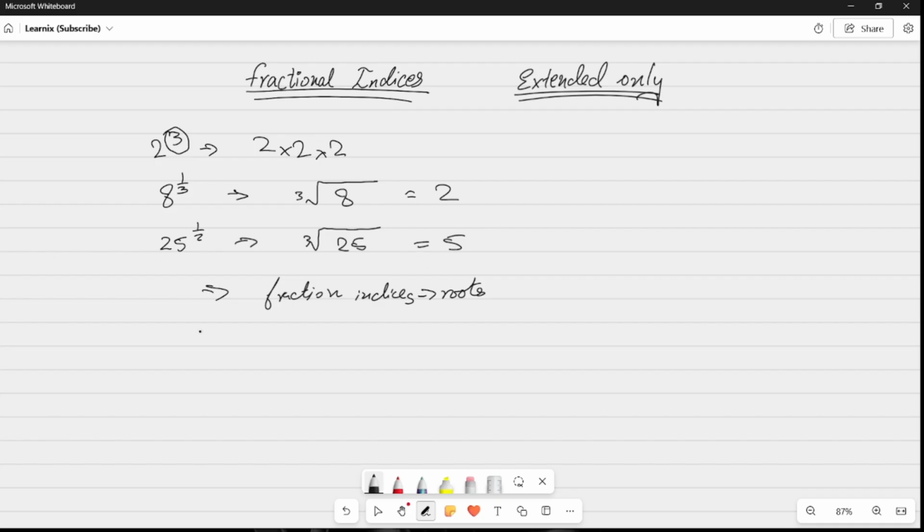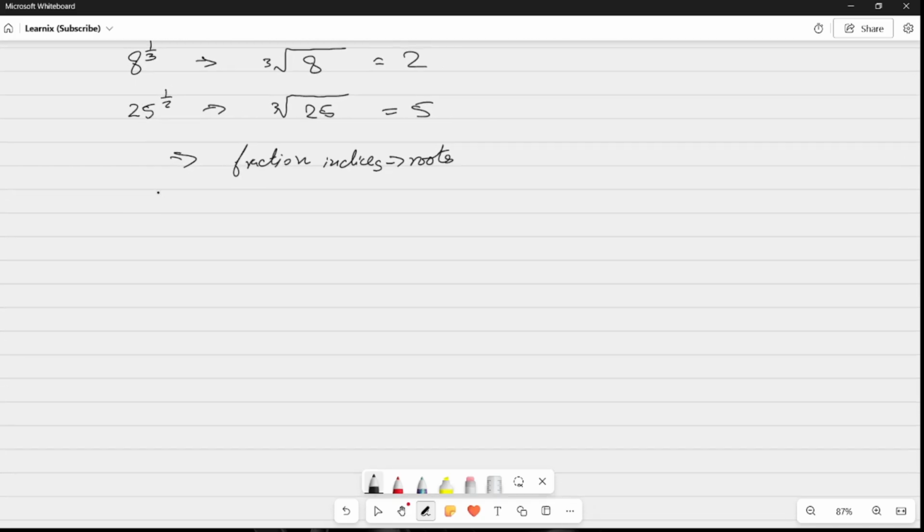Okay, so a rule to remember over here, let me write it down for you: a to the power of n over m. So we have a fractional index n over m. What this basically does is we write our base over here, n is the power, and m is what we have on the root. Like let's say if m was 3, it would be a cube root.